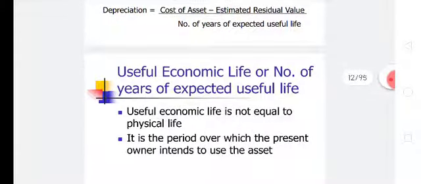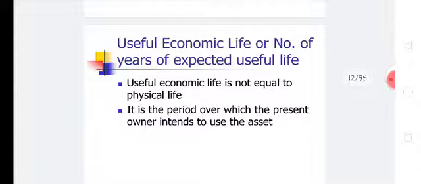Here you can also see the number of years of expected useful economic life. Useful economic life is not equal to the physical life. It is the period over which the present owner intends to use the asset. So it doesn't mean that after 20 years the asset becomes totally zero. भी owner की मर्जी होती है कि how much time he wants to use that asset.